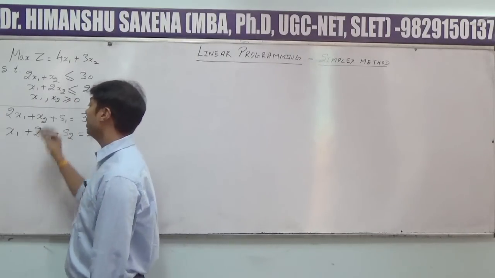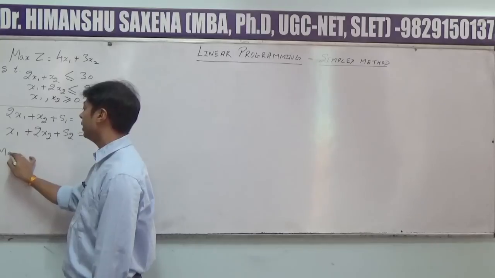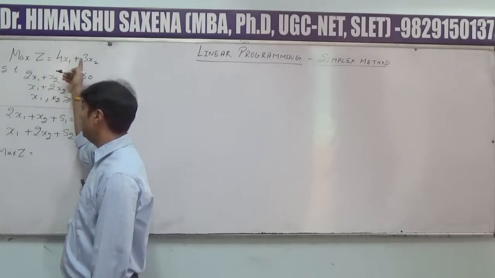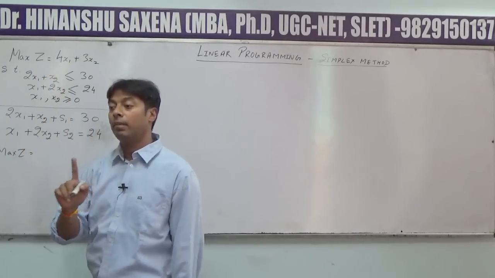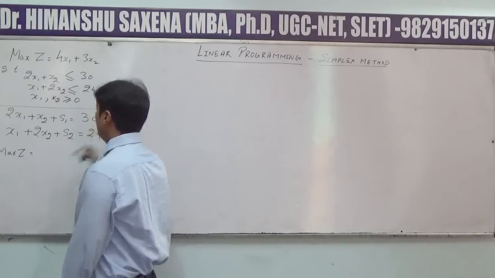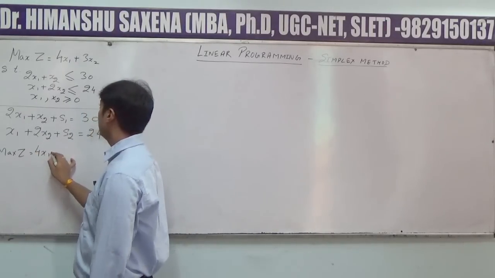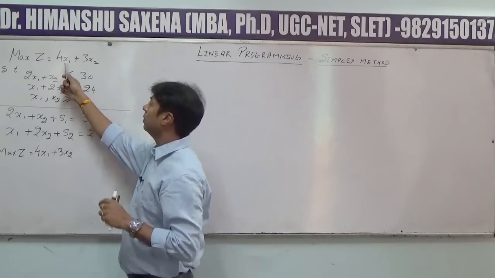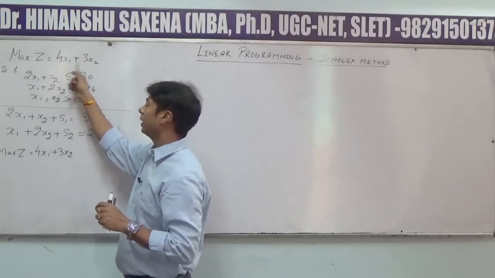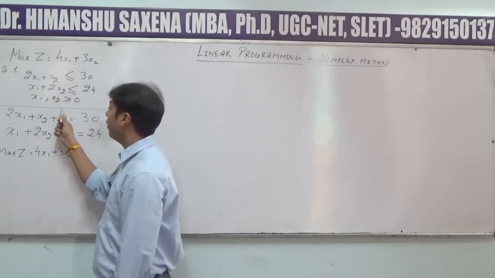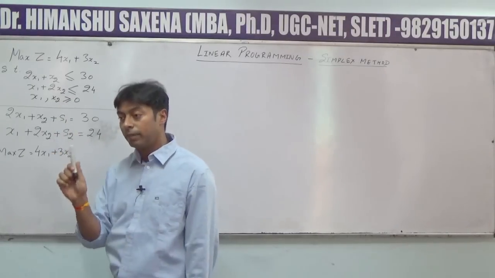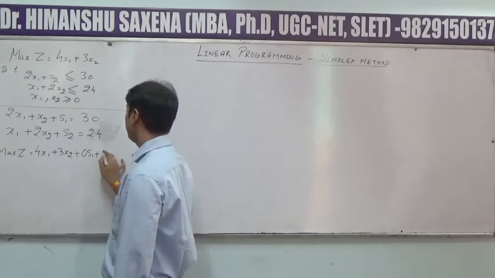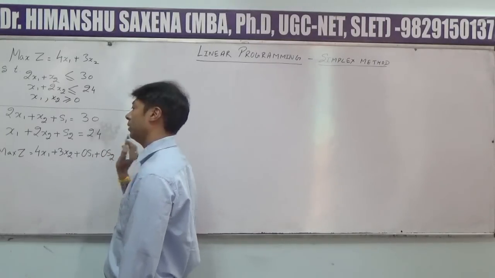Next step is revising of the objective function. This function is the objective function. The objective today is to maximize the profit, right? So revising of the objective function is done by keeping the basic variables, the objective variables, the same, and we have to show the presence of S1 and S2. So we write in this manner 0S1 and 0S2.